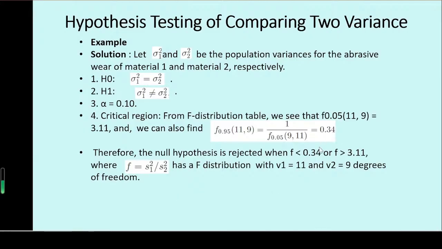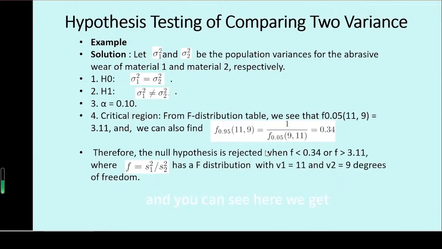So if the sample F, which is the division of the sample variances of the two samples, is either less than this value or larger than this value, then we say the test is significant and will reject this null hypothesis.